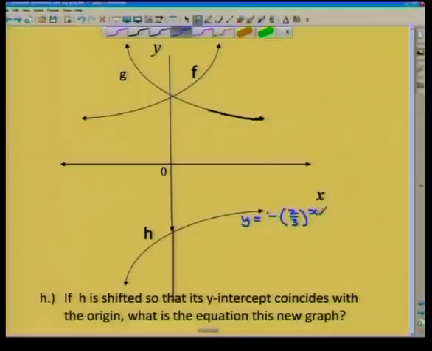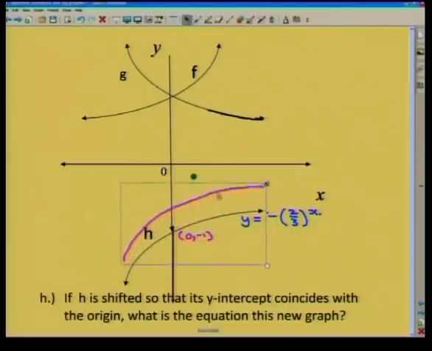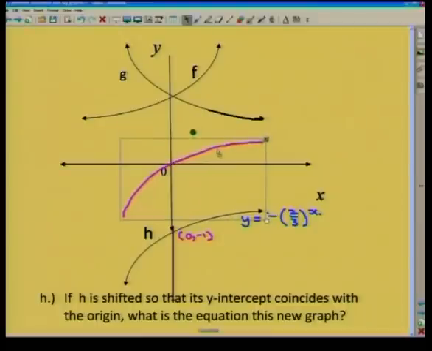Now they want to know what's going to happen if I pick this graph up and I move it. Let's highlight it, because at the moment it'll be easier to pick my pink one up. Let's mark in here that this coordinate would be 0, -1. So what they want me to do is to pick this h graph up and move it so that the y-intercept is at the origin.